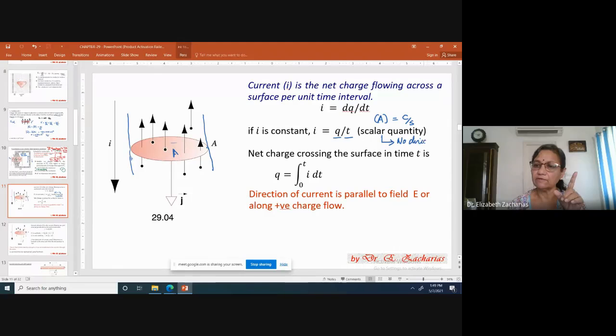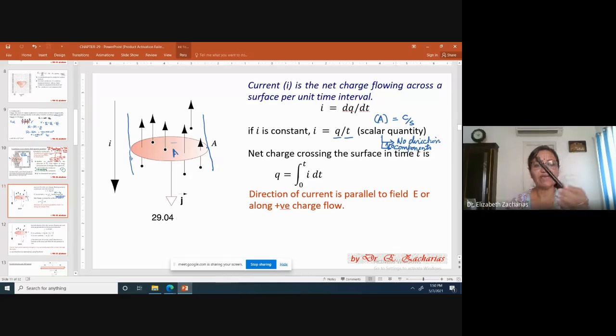Some of you will ask, ma'am, current has a direction. Okay, so I need to amplify here. You cannot talk of components. For any vector, if I have a vector like this, I can talk about a component in this direction, a component in this direction. But you cannot talk about components for current.